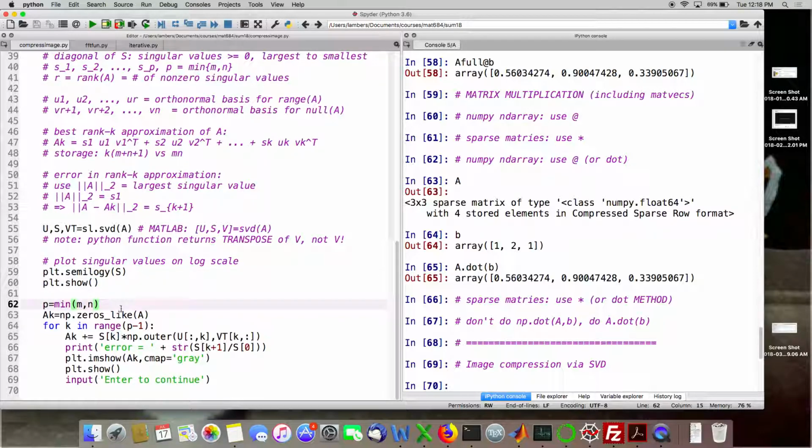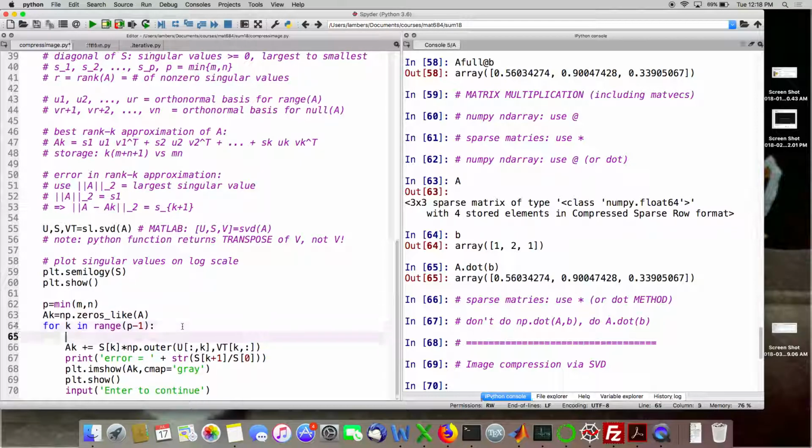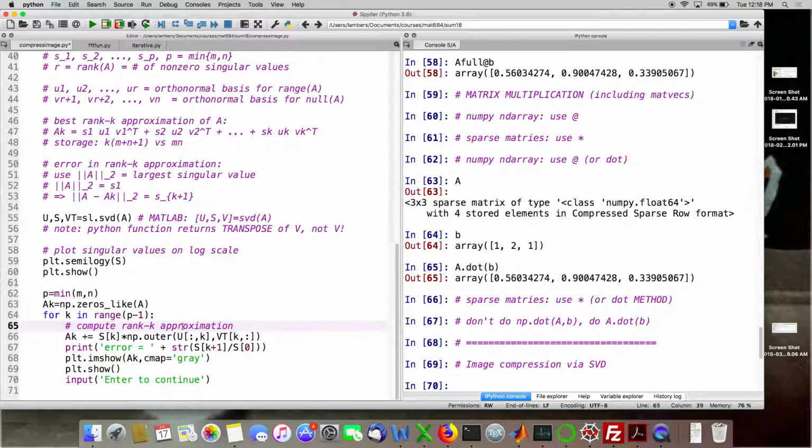And now what I'll do is, in a loop, compute the rank K approximation. So here I take the K-th singular value, that's S_K, because that's just a one-dimensional array of singular values. And now, notice in this formula, mathematically, I have U1 V1 transpose, U2 V2 transpose.